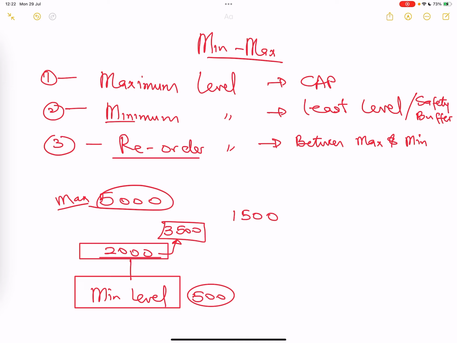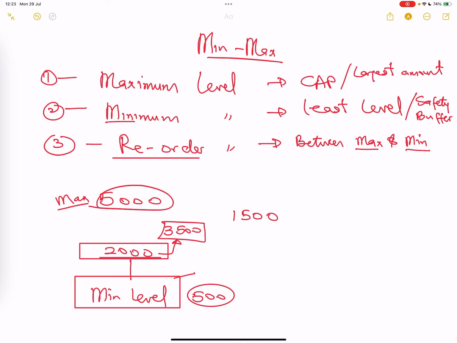So this is like somebody screaming to say, you must place order now. So this is your risky level, and that's why your reorder level is usually between your maximum and your minimum all the time. So remember, your maximum level is the cap, the largest amount of inventory you must have.